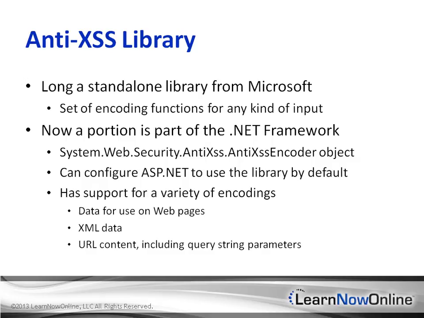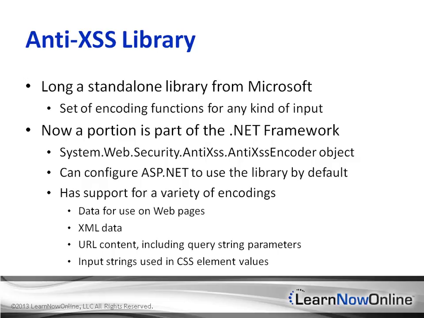And then there's some methods that encode URL content, including query string parameters. And those include URL encode and URL path encode. And then there's a CSS encode method that encodes input strings used in CSS, or cascading style sheets, element values. And the library also performs JavaScript encoding, which is yet another form of a cross-site scripting attack.